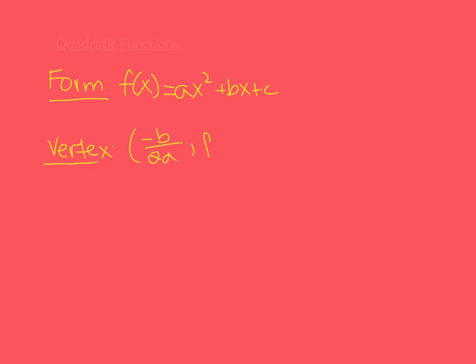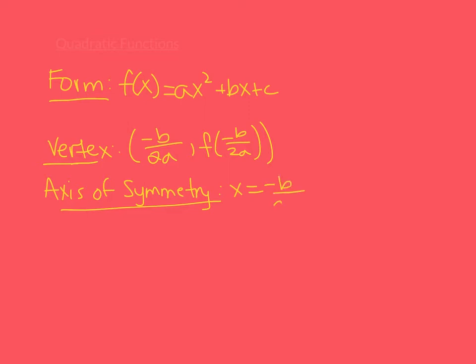The y coordinate, by the way, you find by figuring out that x coordinate first and then plugging it back into the original equation. It also will have an axis of symmetry. We'll do an example with that in just a minute. And that's going to be an invisible line with the equation x = -b/2a.